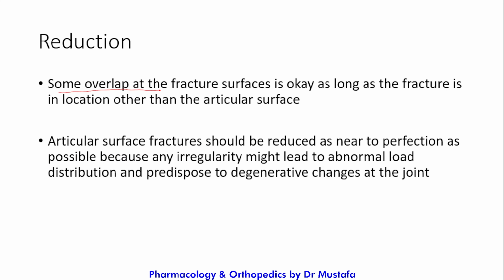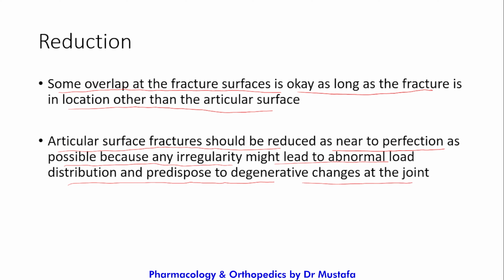Some overlap at the fracture surfaces is okay as long as the fracture is in a location other than the articular surface. Articular surface fractures should be reduced as near to perfection as possible because any irregularity might lead to abnormal load distribution and predispose to degenerative changes at the joint, meaning it leads to osteoarthritis in the long term.